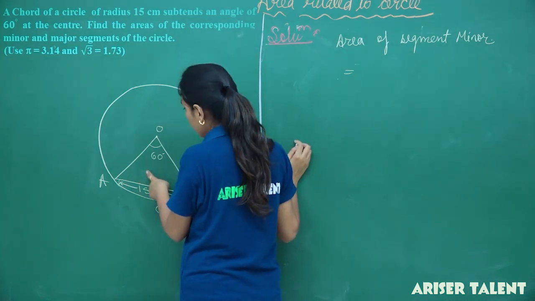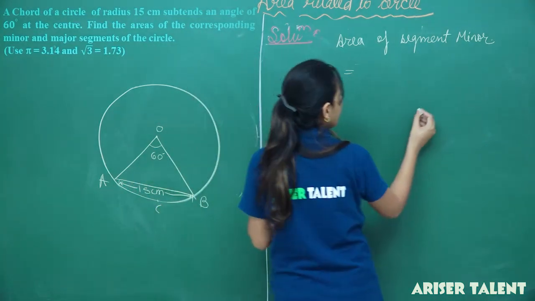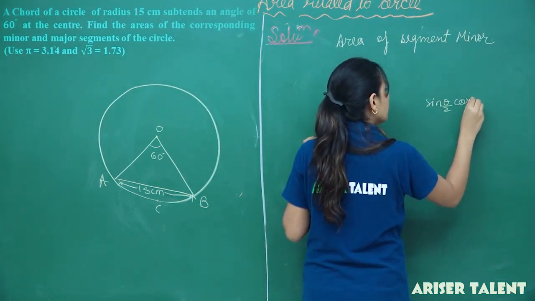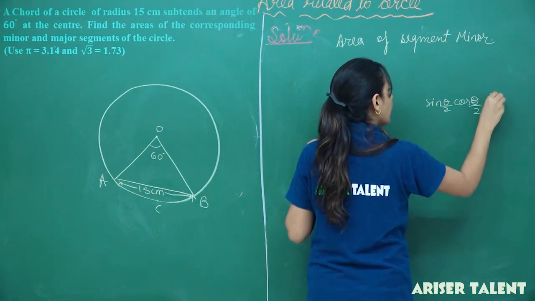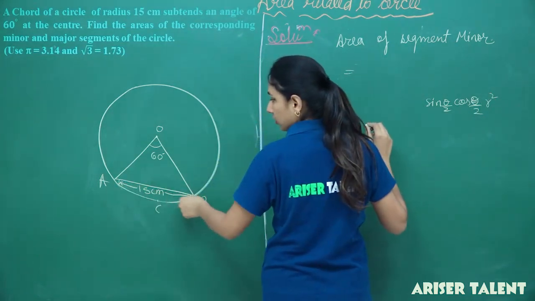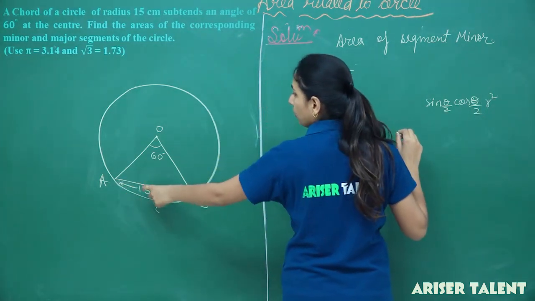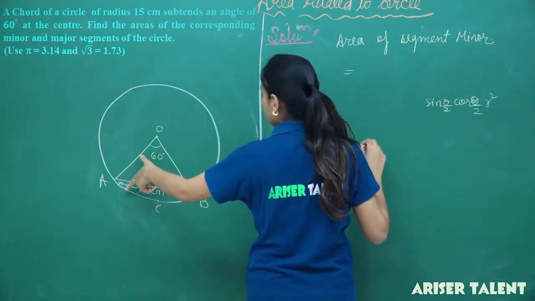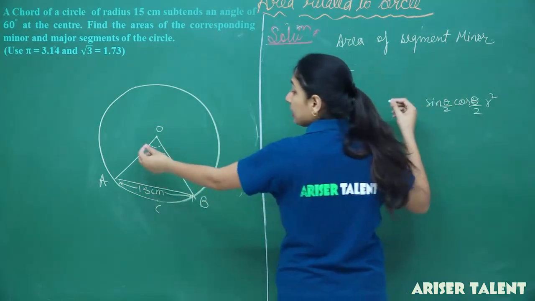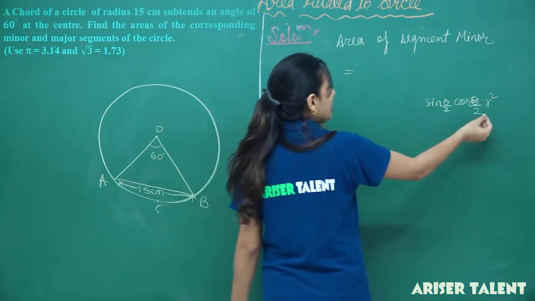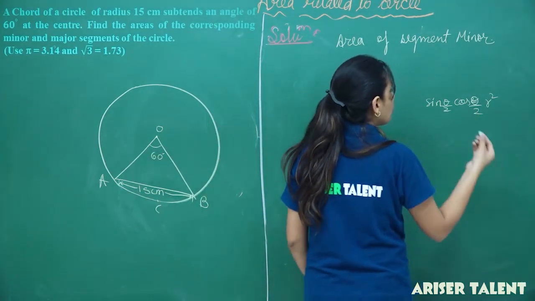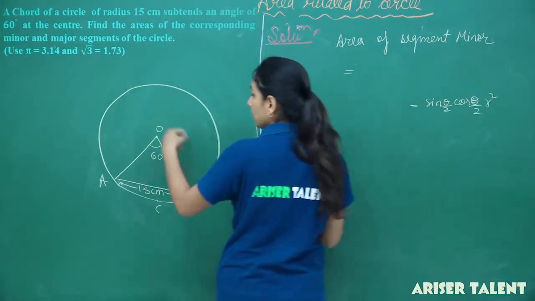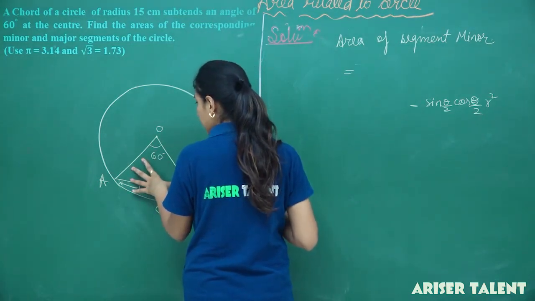We found that the area of this triangle will be sin theta by 2 cos theta by 2 r square, since it was 2 sin theta by 2 times cos theta by 2, multiplied by r on both sides. So ultimately it became sin theta by 2 cos theta by 2 r square, minus this complete sector.